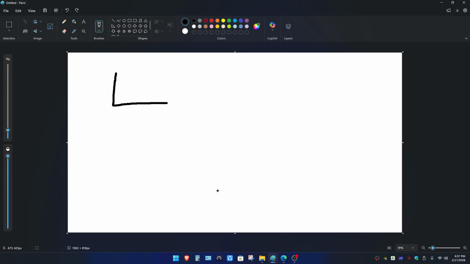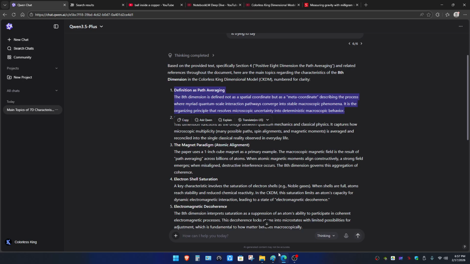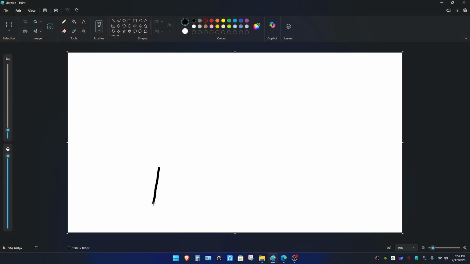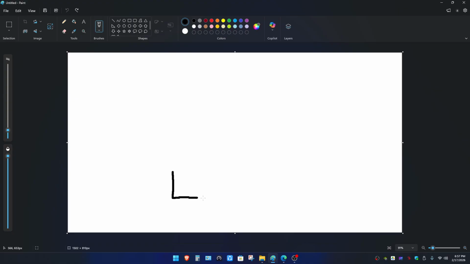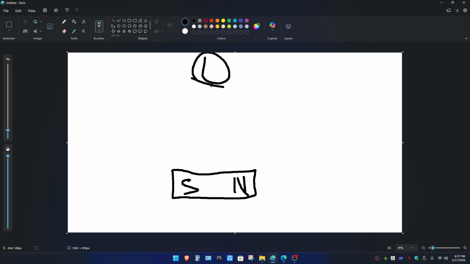Now if we say, okay, then what does this first one mean? It means, as I already said, let's say there is an atomic magnet, and each atomic magnet has S and N, and there are trillions of them, unlimited trillions. So the ball that is in the sky will eventually get attracted.